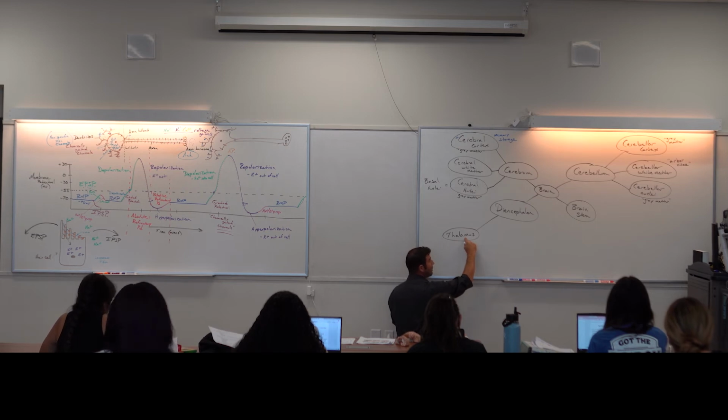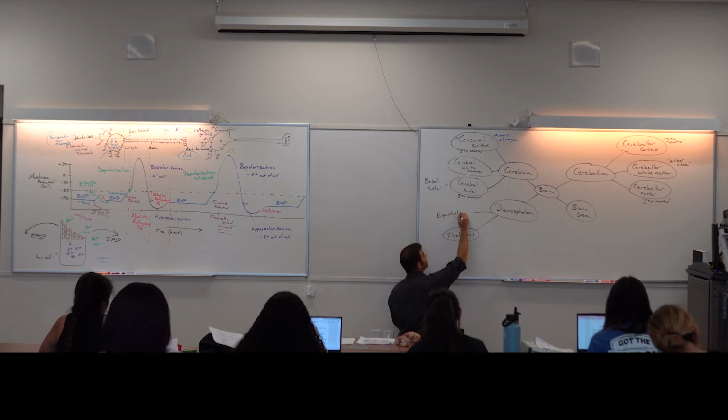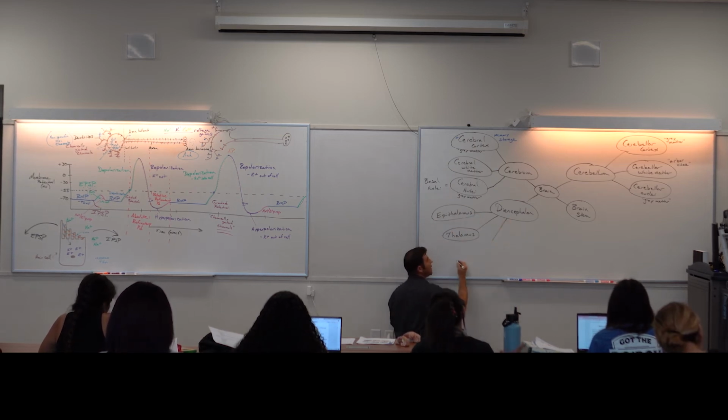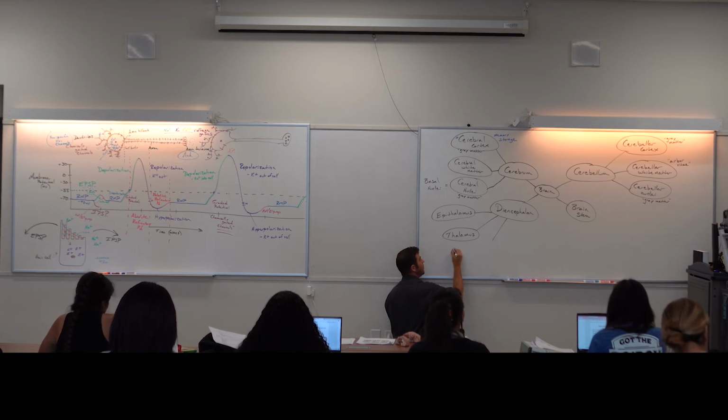It is going to have above this thalamus a region of the diencephalon that we call epithalamus. We'll see epithalamus is just above the thalamus. And then there's an area of the diencephalon just below the thalamus that we call hypothalamus.